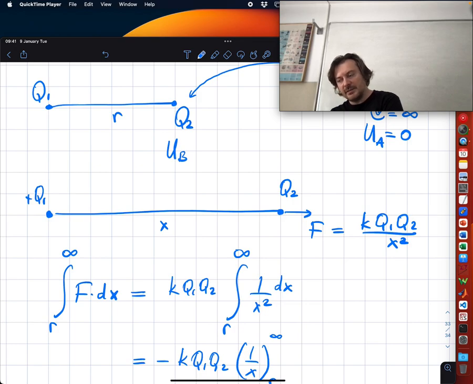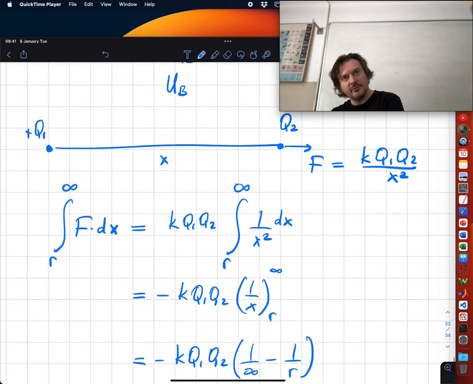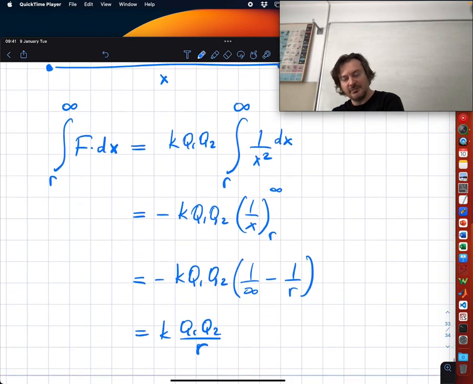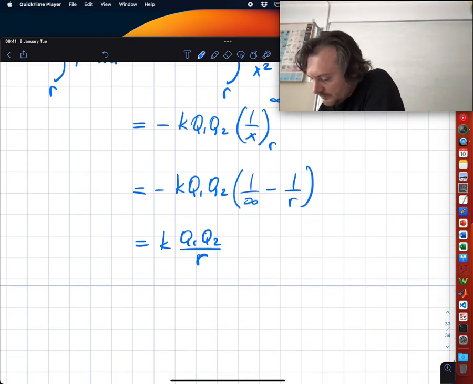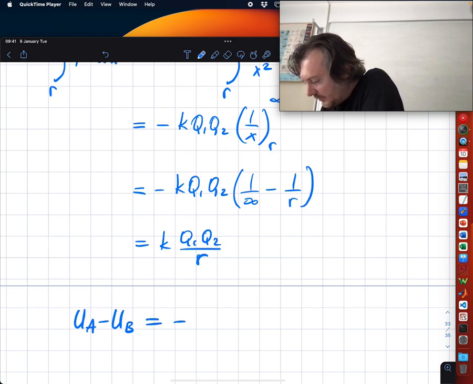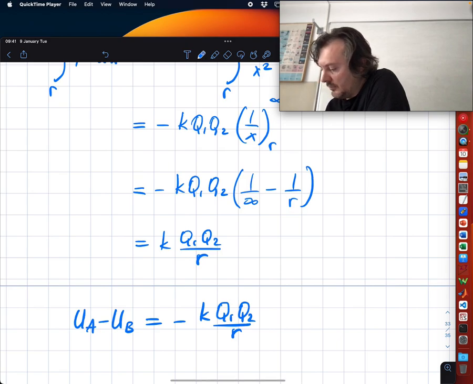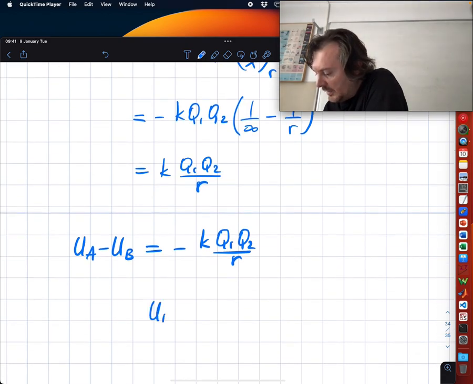Work done by the system should be negative of the change in the potential energy, right? What is the change in the potential energy? UA minus UB is negative of this. So UB minus UA is positive of this.